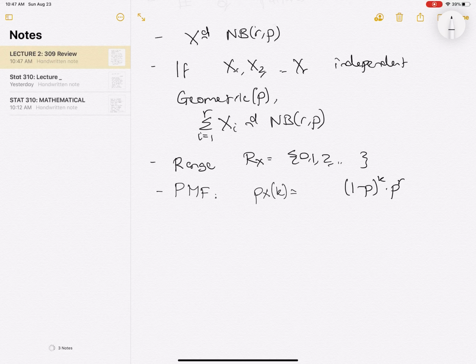The way to do this is to say that on your first r plus k minus 1 trials, there must be exactly k failures and r minus 1 successes. So this is the formula that we get for the negative binomial.